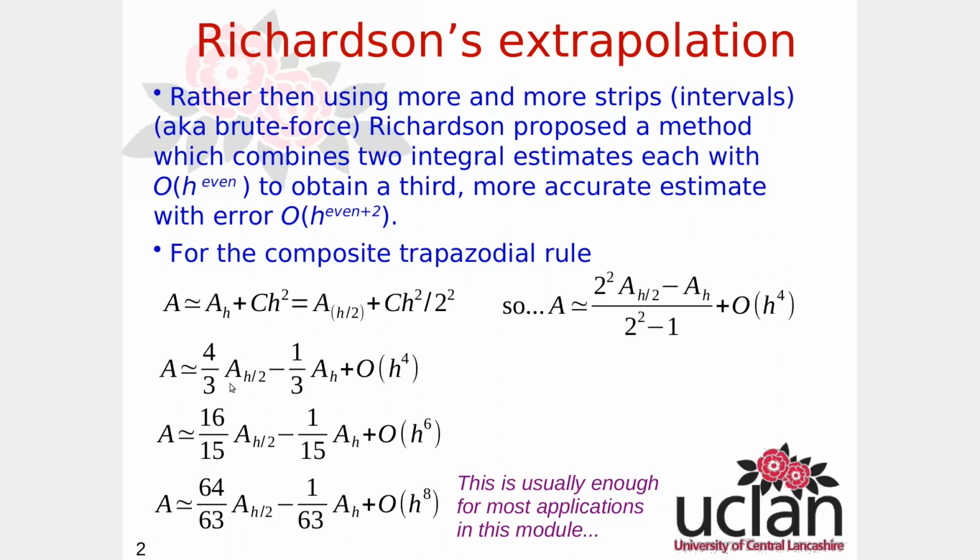So this would be calculated on 4 strips perhaps, and this on 2 strips. And if you took out what the 4 strips gave and took this weighting off, the order of accuracy now is increased to h to the 4. And of course you can do it again.